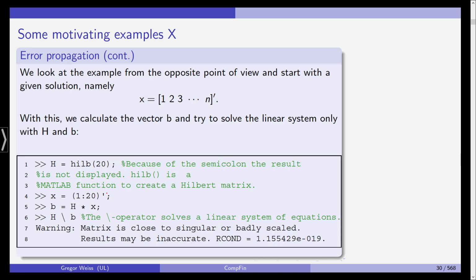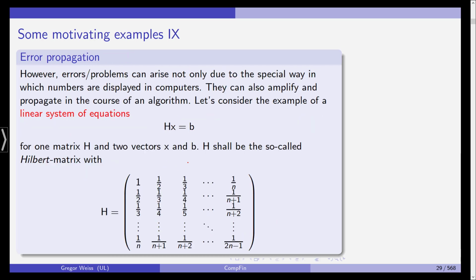The apostrophe leads to the transposition, so it's a horizontal vector and then it's transposed into a column vector. And then b equals H times x. So actually this vector b is constructed in such a way so that with this Hilbert matrix we get the solution vector 1, 2, 3, 4, 5 and so on.